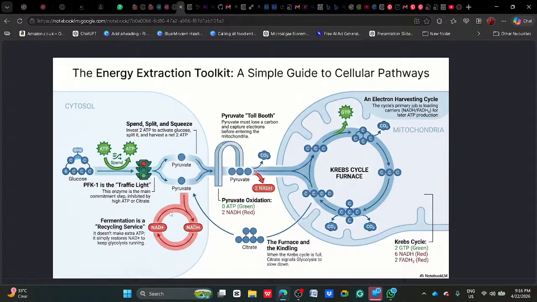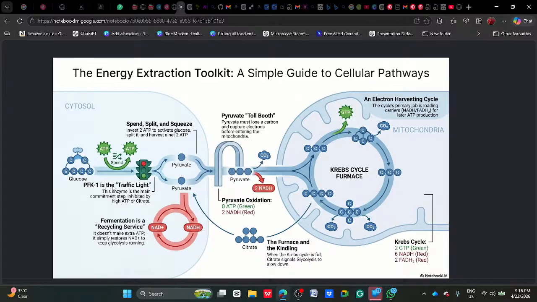Just like I told you in the last lecture, everybody wants to get involved in any business that is going to bring a high return on investment. So pyruvate can proceed via fermentation. That is why fermentation is a recycling service. It does not make extra ATP. What it does is restore NAD plus to keep the glycolytic reaction from running around.